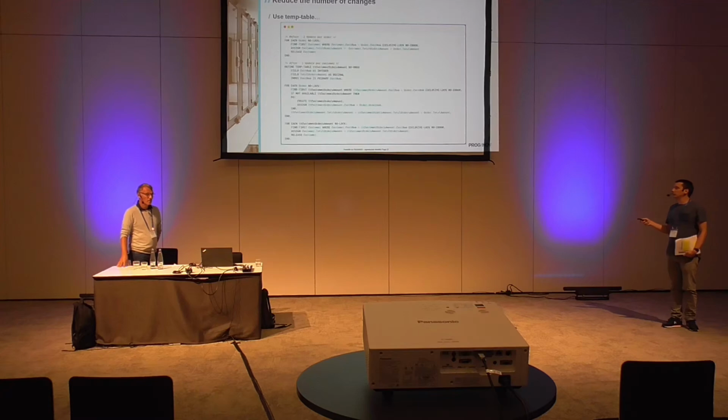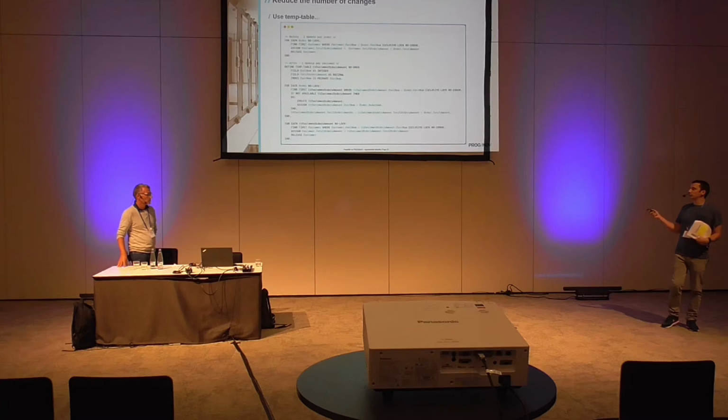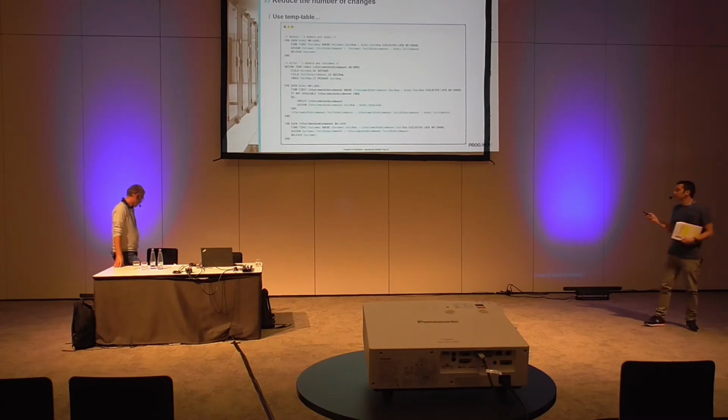And finally, at the end, for each record of our temp-table, update the customer once. So you will have only one update per customer instead of one update per order, and the customer can have many orders.